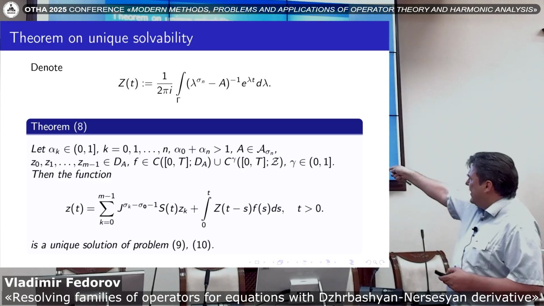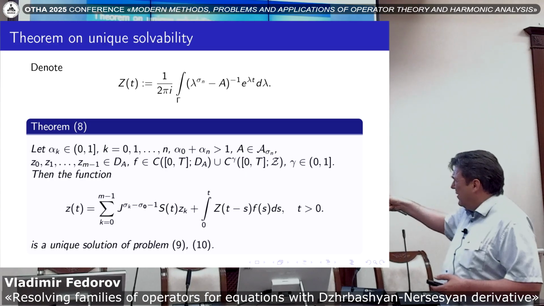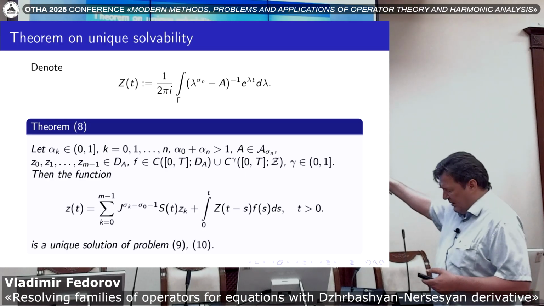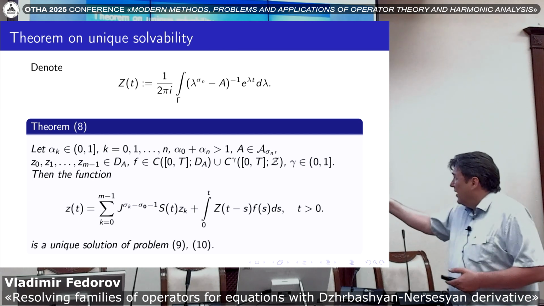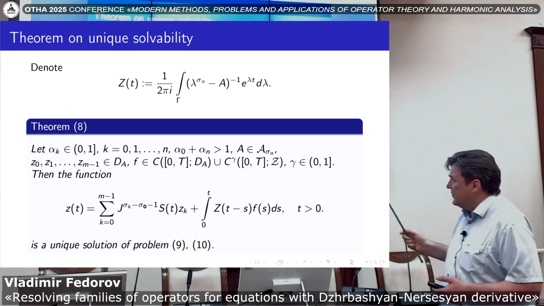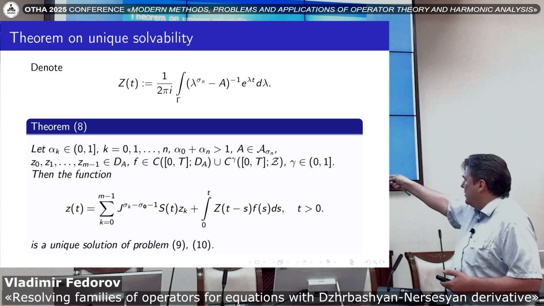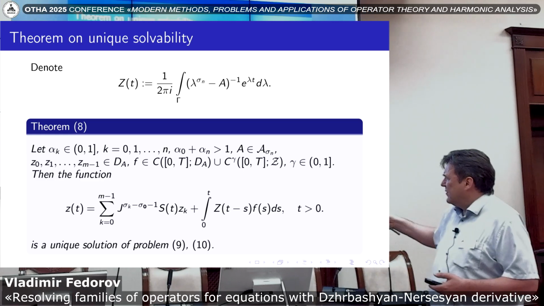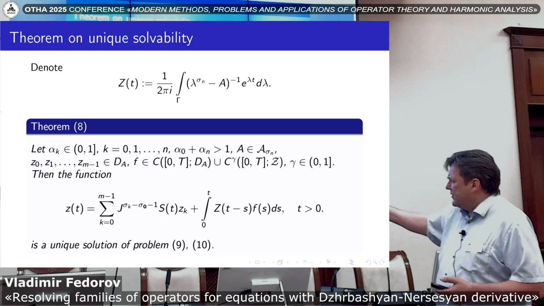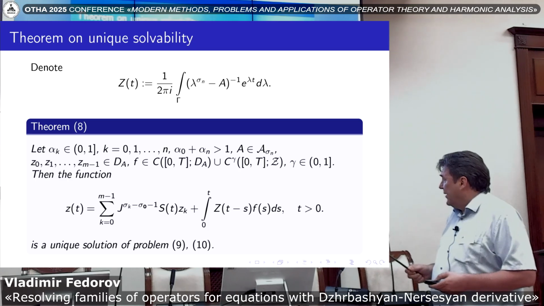If operator A is from the class, that is, operator A is sectorial, and F, here it is important, F is from the class continuous in the graph norm of the operator A, or Hölder continuous in the usual norm, then this function is the unique solution of problem 9, 10.